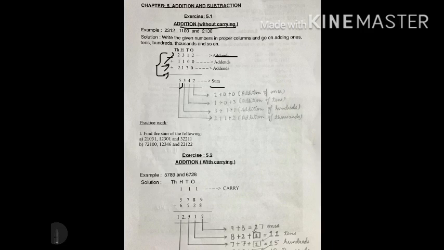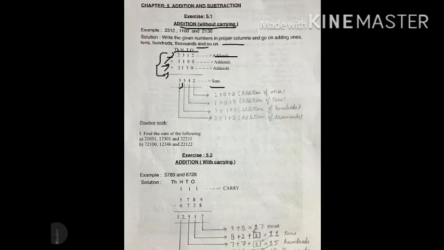Now whenever we do any addition, first we have to place the numbers in proper columns. So how to place the numbers in proper columns? According to their place values: ones, tens, 100, 1000.